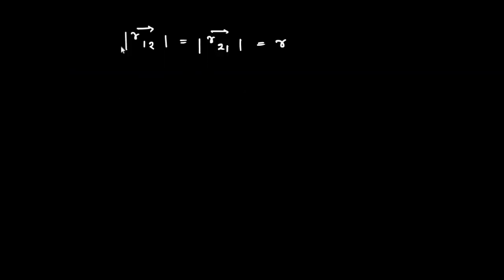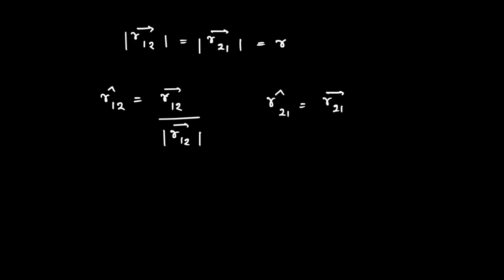Magnitude wise they are the same. And R12 cap, the unit vector, is equal to R12 vector by R12 vector modulus. Similarly, R21 cap is equal to R21 vector by R21 vector modulus.